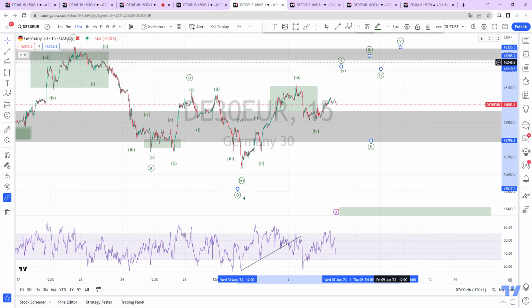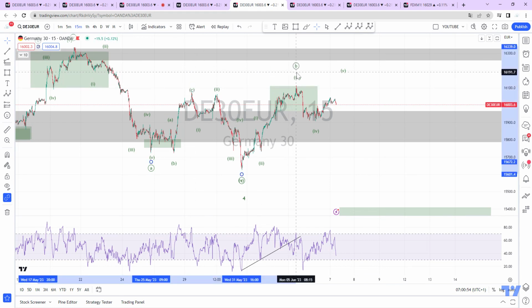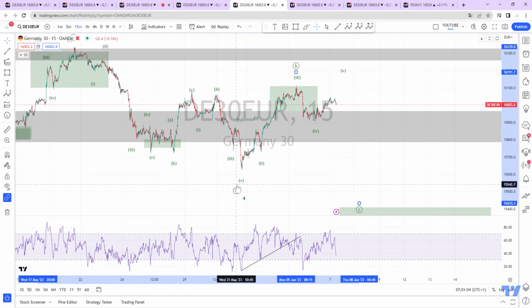And then what is still possible is actually also this scenario. Don't forget, it might actually be quite bearish from here, in case that this is our A, then here we have our B, and now we might be starting our wave C, and this then should look quite impulsive to the downside.